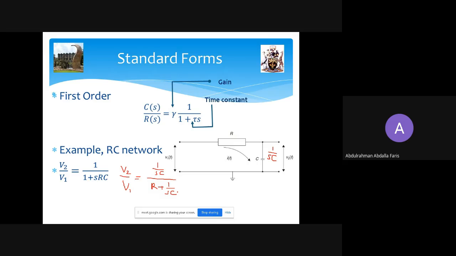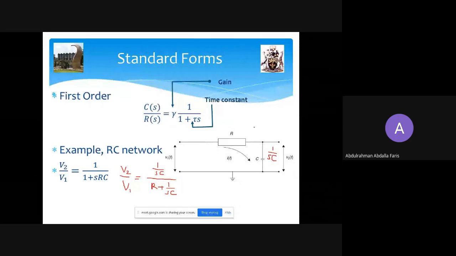So you have R plus 1 over SC. What you can do, you multiply both sides by SC here to make it 1. You multiply by SC, it becomes 1. You multiply by SC, you have 1 plus SRC. So that is the quickest way to get the transfer function.